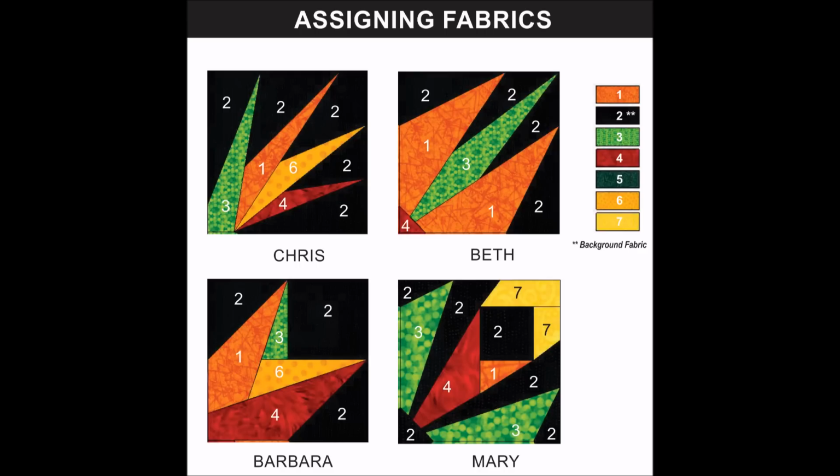I take all the different colors that I got, and in this case I have 7, and I number each one of them. I then take each block, and I have those in your handout, and color in the way the blocks will be done. I refer to that as I'm selecting and cutting my fabrics. So it's almost like sewing by number.